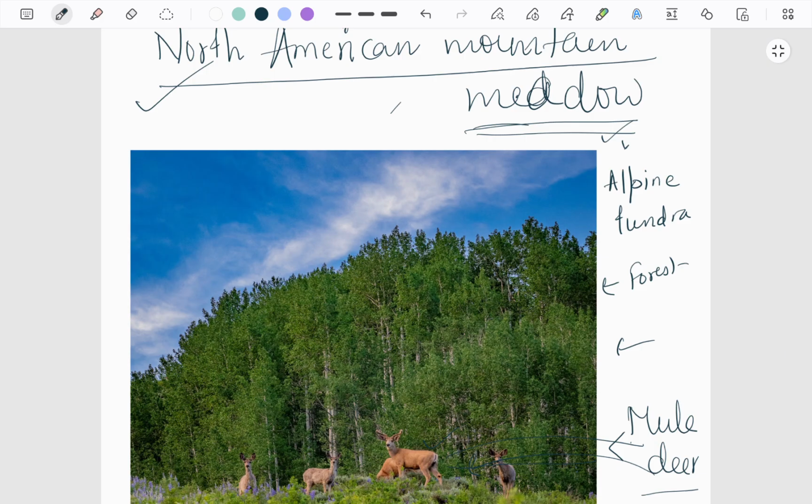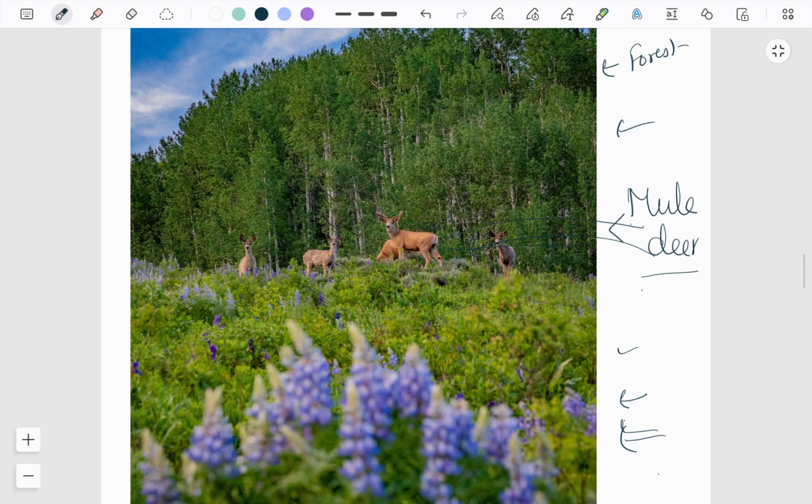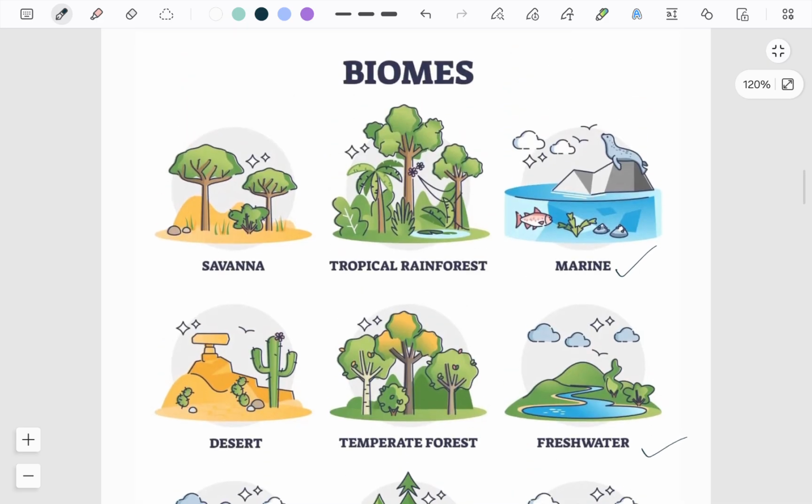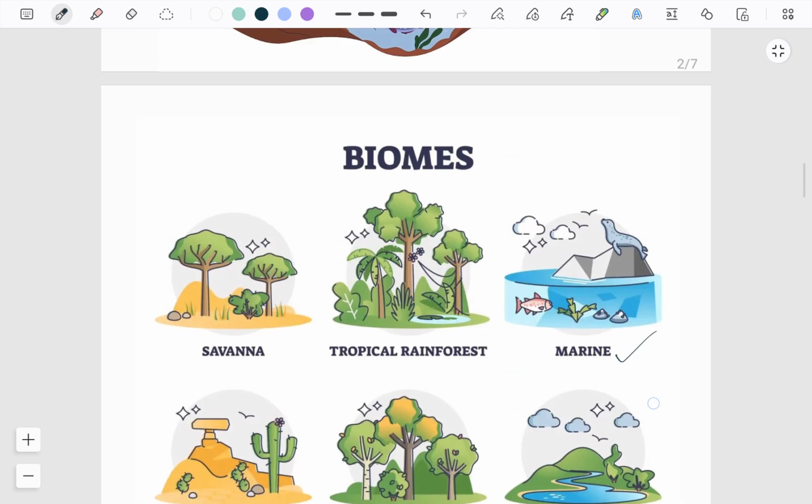Forest also, there are temperate coniferous forests. You can see the forests. You can see the alpine tundra, right? So here you can see in the same region different types of biomes are also there in the same area, but because of different heights different types of organisms grow. Different type of climate will be there on different heights.